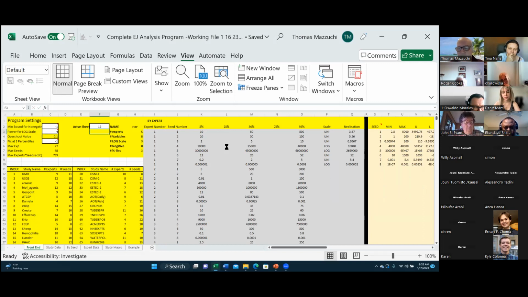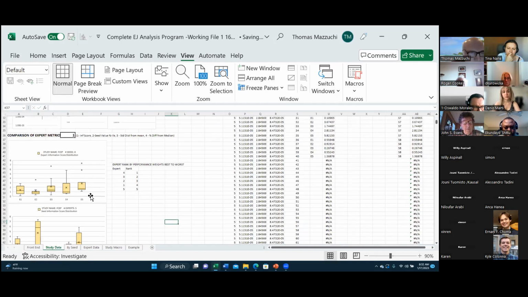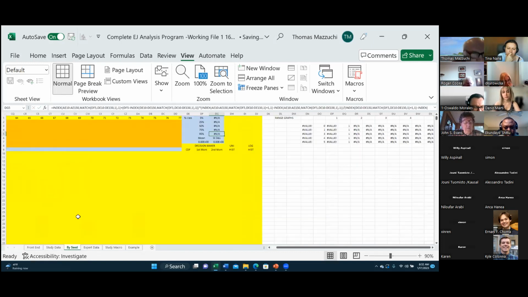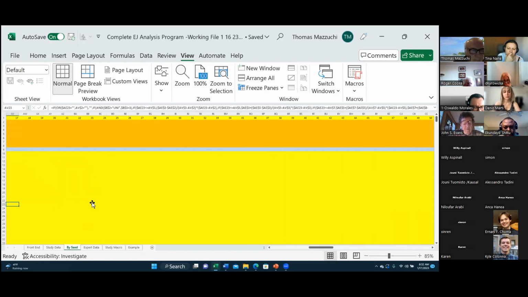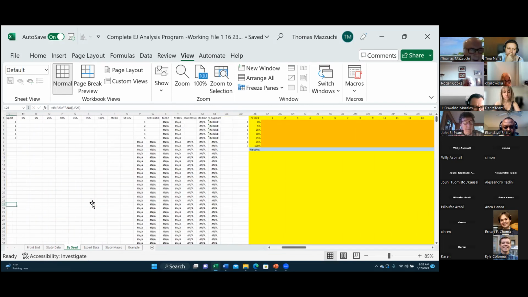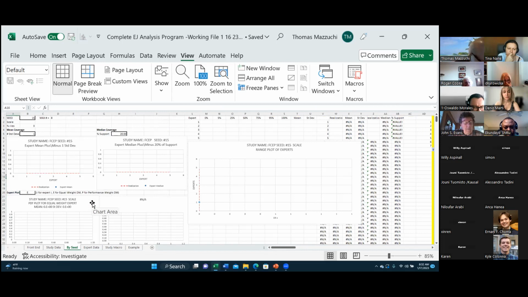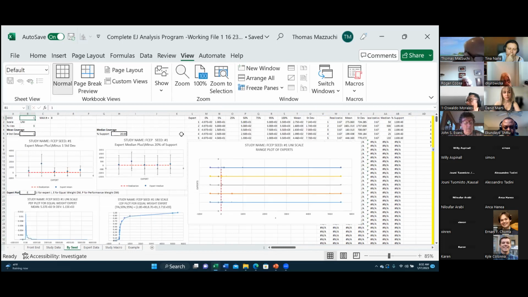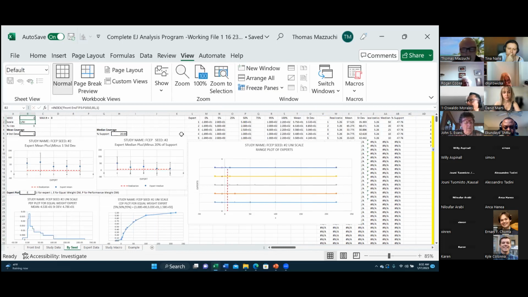You can go to the study data and see all the study data information. You can go to the seed variable values, and you can say, well, let me check seed variable 1, do some analysis on that, or 2, and it's all there. It all pops up really pretty quickly.